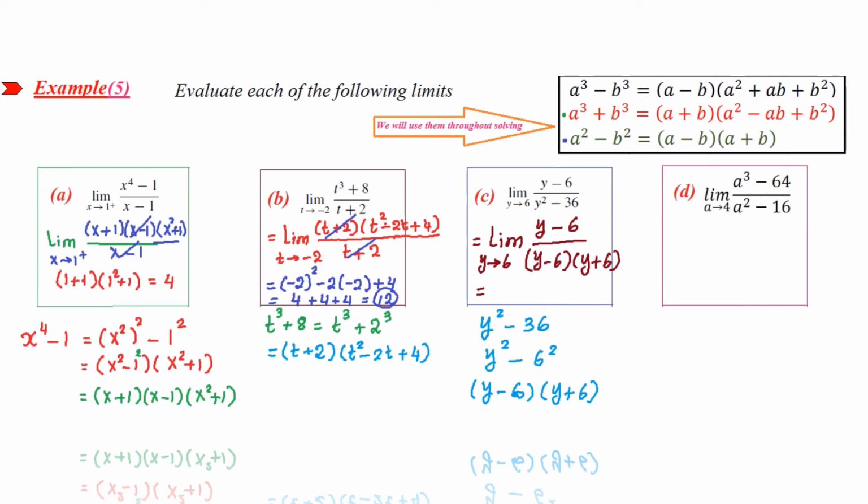By eliminating the common factors up and down and replace y by 6, you will get 1 divided by, because here we don't have anything in numerator, we eliminate the factors, 1 over 6 plus 6 equals 1 over 12.